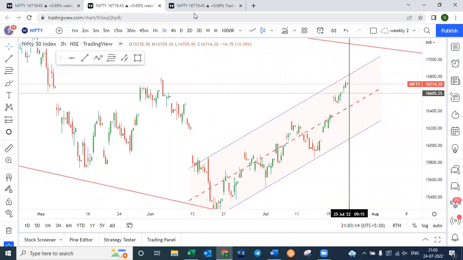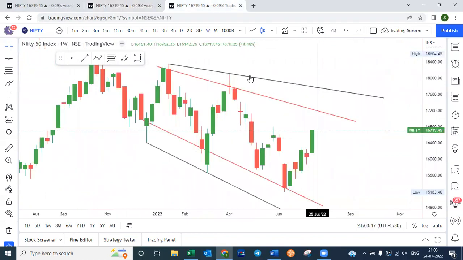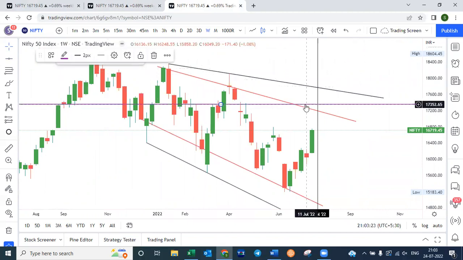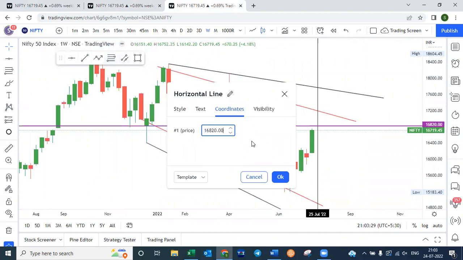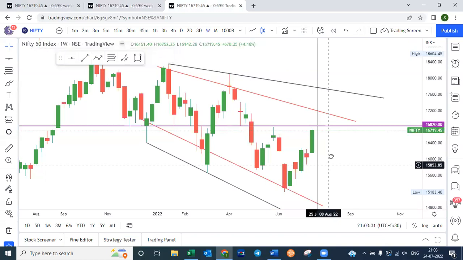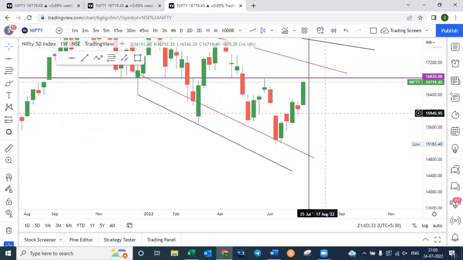So therefore, friends, my first resistance point that I'm going to draw now is 16,820. Okay. So my resistance point is now drawn at 16,820.